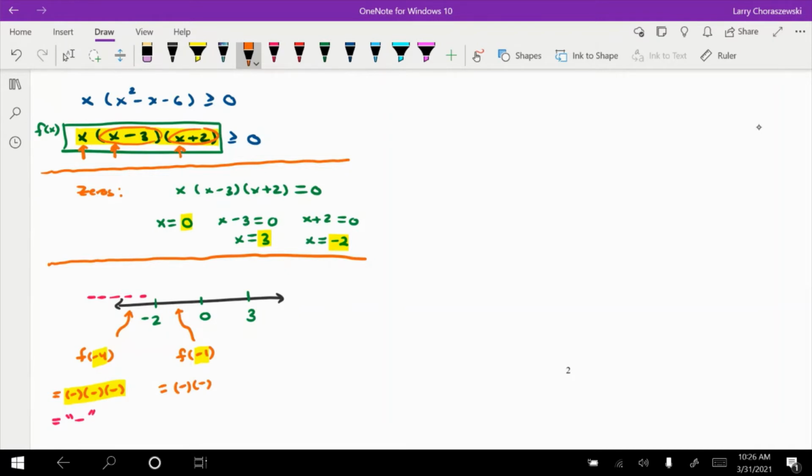And in our third factor, we'd have -1 plus 2 giving us +1. So what's the end result of a negative times a negative times a positive? That would be positive, wouldn't it? So this means that any value of x from this part of the number line gives us a positive result.